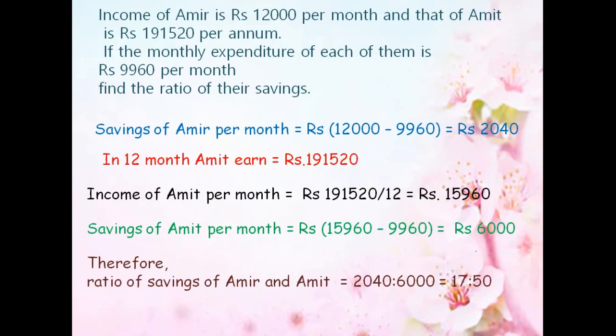It is 2040 is to 6,000 equal to 17 is to 50. You can find this answer using the fraction method. We have learned in ratio. The ratio can be expressed in the form of a fraction, and using the cutting process you can make it into the simplest form. Here the simplest form is 17 is to 50.